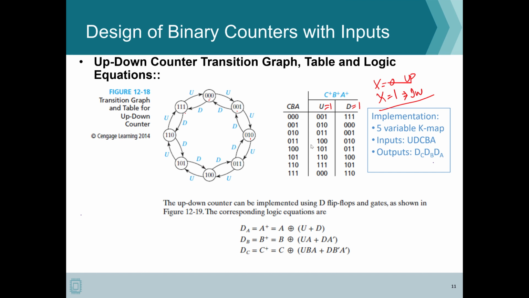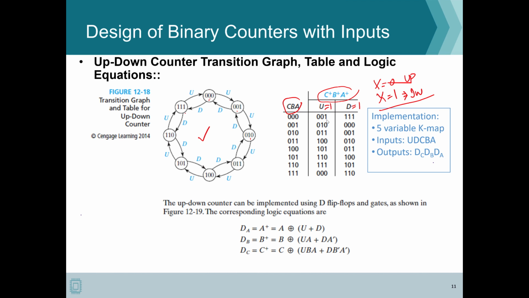Since this is also a 3-bit binary counter, we still use those three state variables C, B, and A. And then we have our next state, which is given. Here, filling the table becomes easy, as you can see, because I have the state transition graph. So it goes from 0, 0, 0 to my next state.